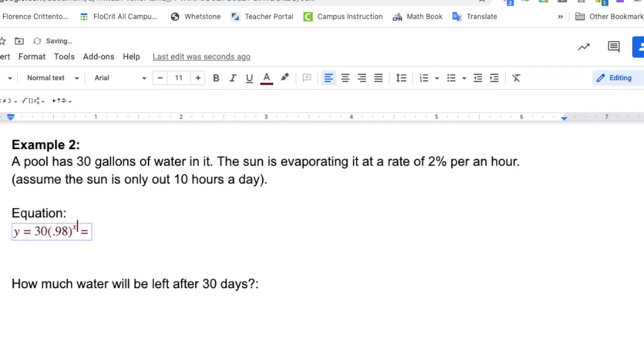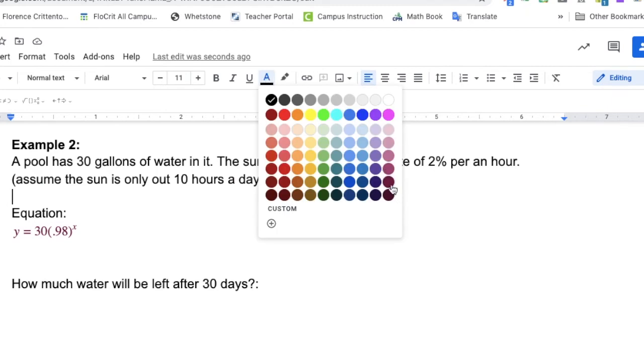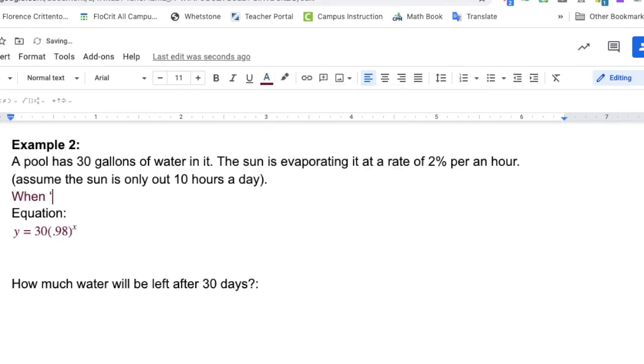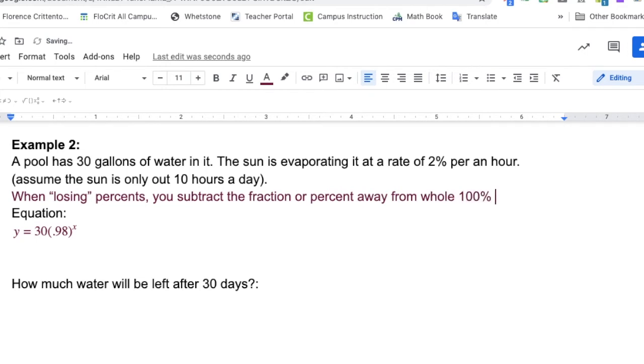So when you add to the power of x, that's the equation for this situation here. So how we figured that out is that when losing percents, you subtract the fraction or percent away from the whole 100% we started with.